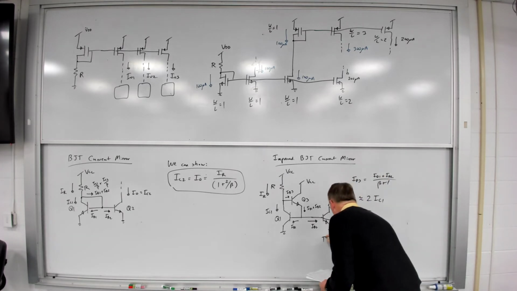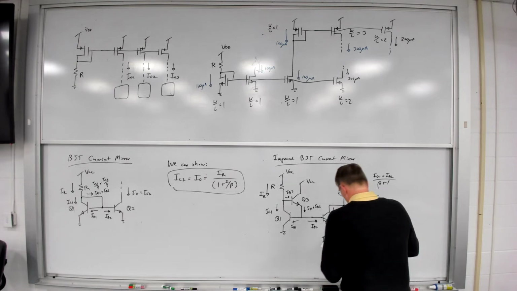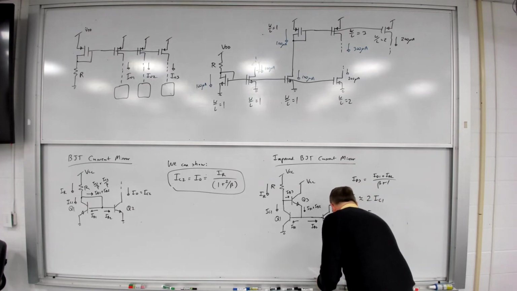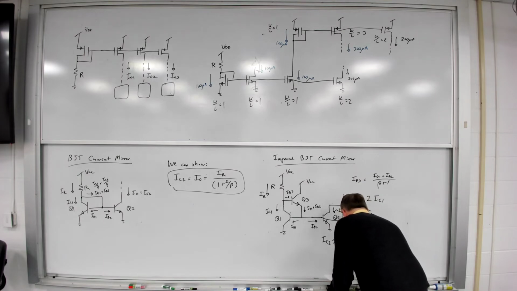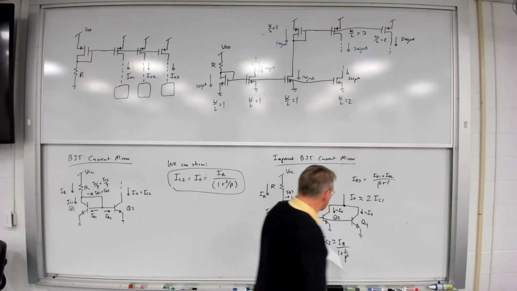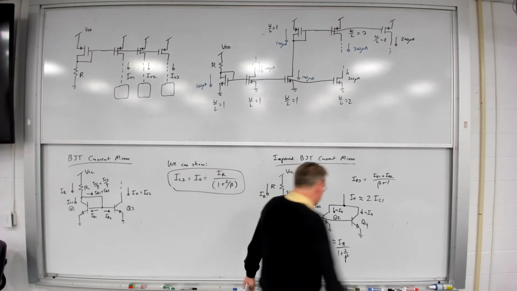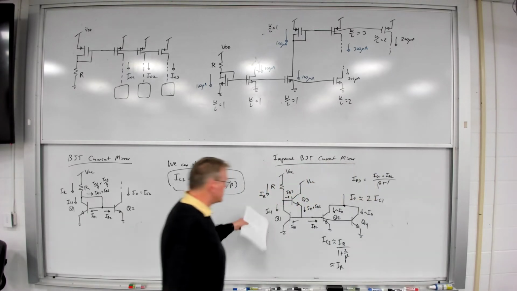So in this case, IC2 is approximately equal to IR over 1 plus 2 beta squared, which if beta is large, is approximately equal to IR, which is approximately equal to IC1.